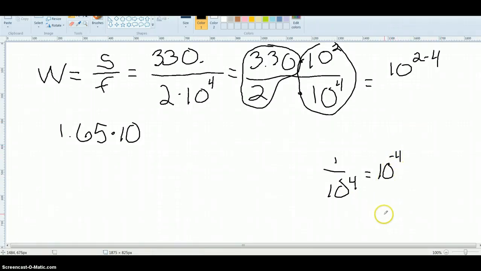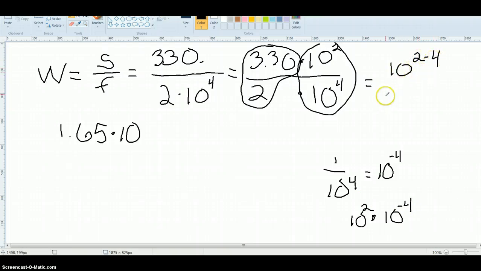So if we were doing that, we'd have 10 to the negative 4th multiplied by 10 squared. And we went over this in the last example. We would add these exponents, so 2 plus negative 4, that gives us the same answer over here, 2 minus 4.